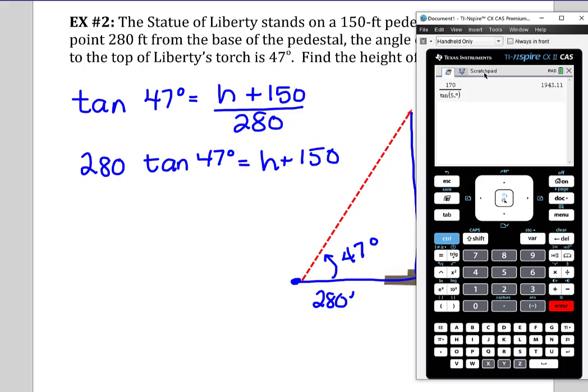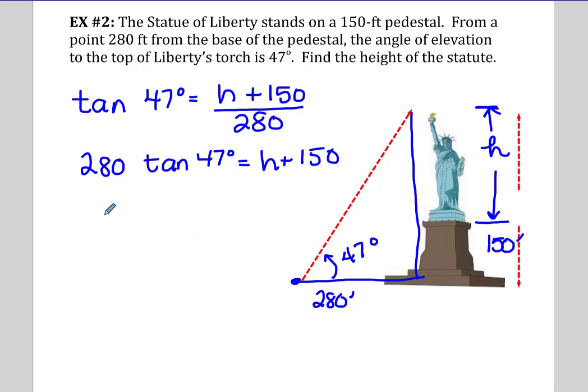So we'll go calculate that. 280 times the tangent of 47 degrees is about 300.263.